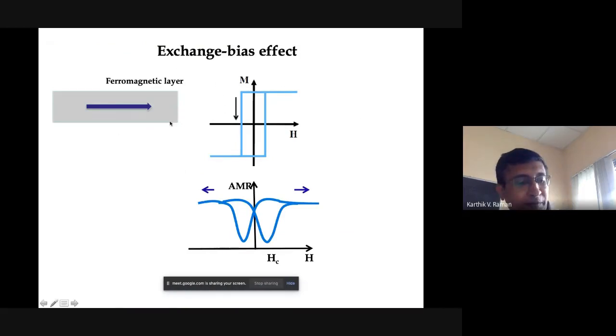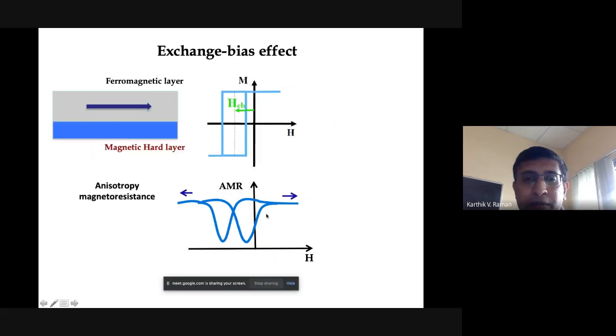So now talking about one effect, which is the exchange bias effect, which is what I'm going to quickly go over. If you have a ferromagnet, we know that it has a switching field which is symmetric around zero field, which can be measured using the anisotropic magnetoresistance measurement called AMR.